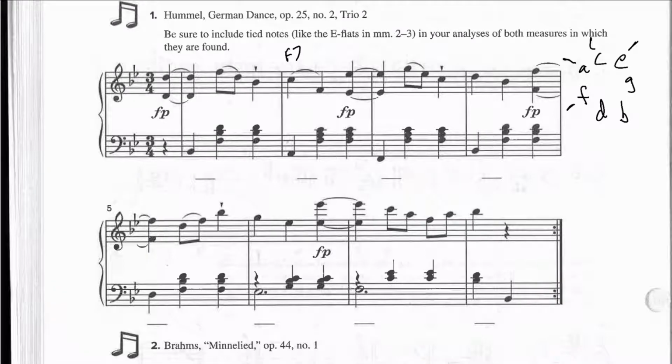Now, for the bass, we will always use the lowest note that sounds in the measure. If a chord unfolds over a course of time, within that block of time, you will always use the lowest note that sounds as your bass note. Understand? It's going to happen over here too.